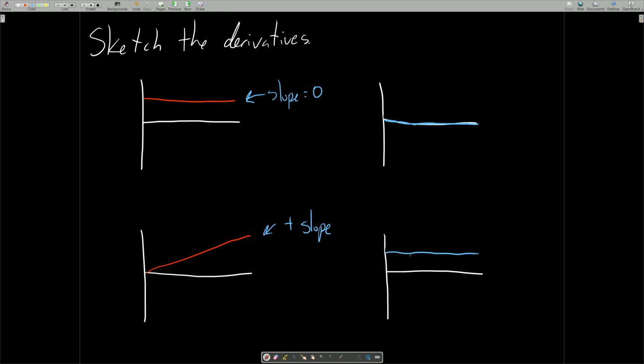The reason that this line is straight is because this slope is not changing. This slope is staying the same throughout this whole line, but it's still positive, and that's why we have a straight line above the x-axis.